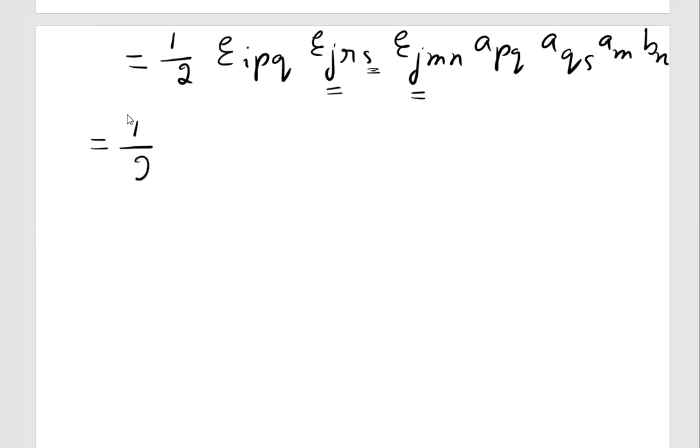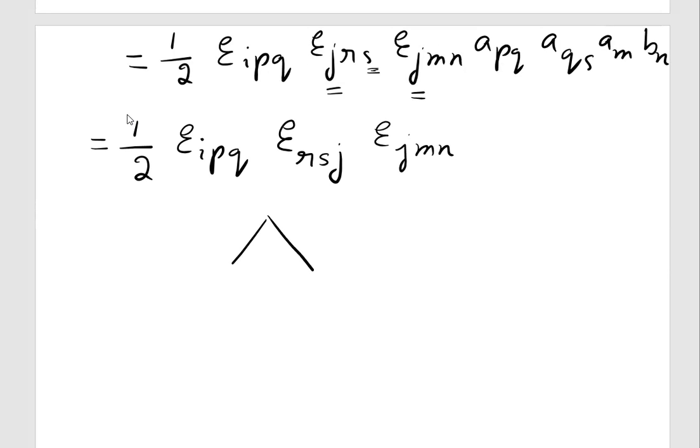So half, only that is a change in the next step. So epsilon ipq as it is, no change. Now here I'm going to change it: I'm taking rsj. This epsilon, no change, it is jmn. So when I'm changing this, is the order changing? That we'll see. Now, jrs, let us take the triangle.